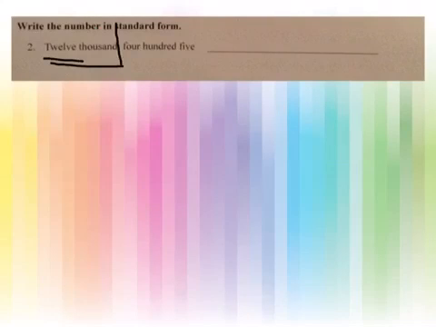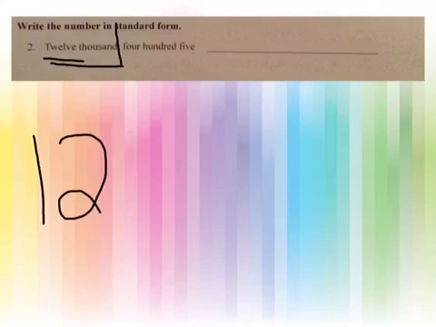So I can see here 12,000. So I can make a 12. I've done that. And then I'll put the comma there, the same one that actually matches what it says in the original place here. There's that comma.